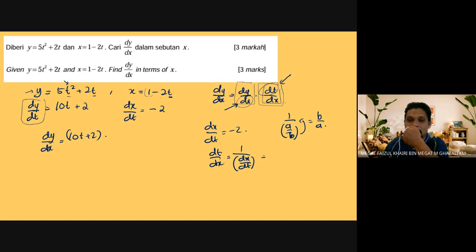So 1 over dx/dt is negative 2 over 1, and flipping it, it becomes negative 1 over 2. Then we multiply by negative 1 over 2.